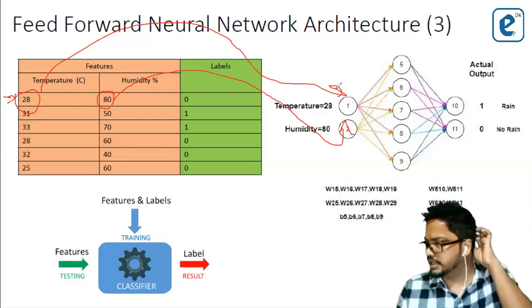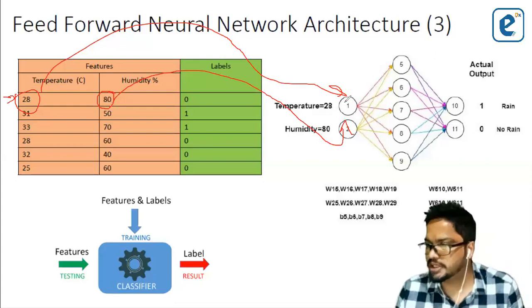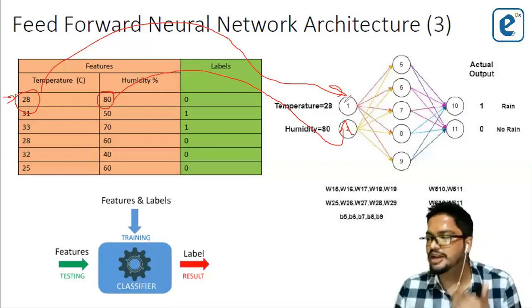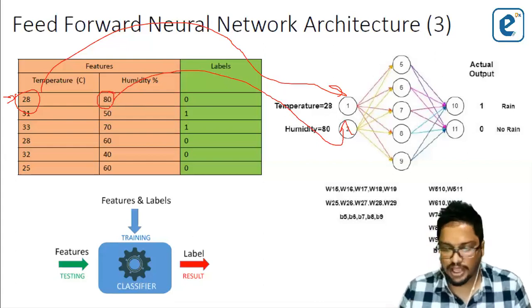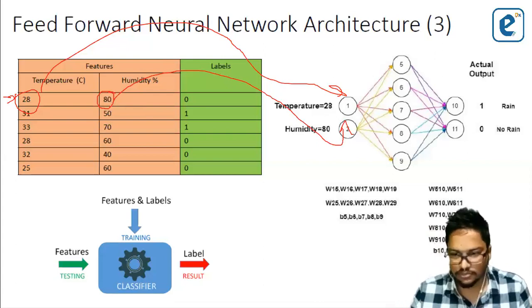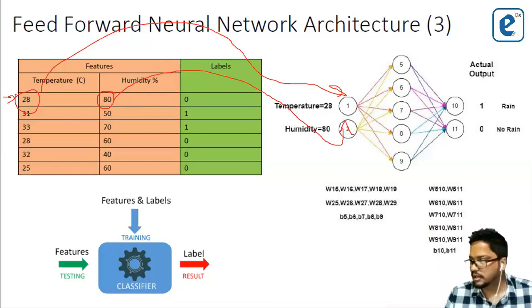So we are going to take one row and apply those values here. After applying those values, this neural network will forward propagate the values. Before going on to that, you need to keep this in mind: the weights and biases are here.